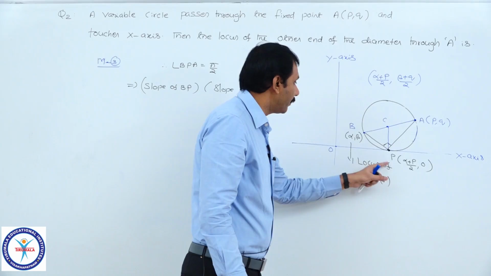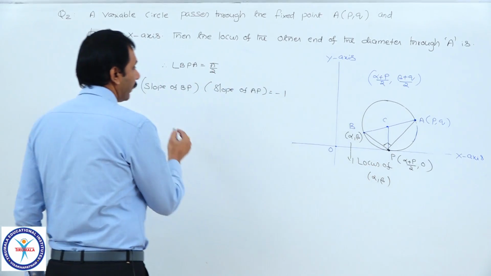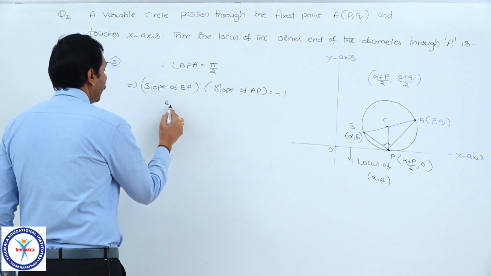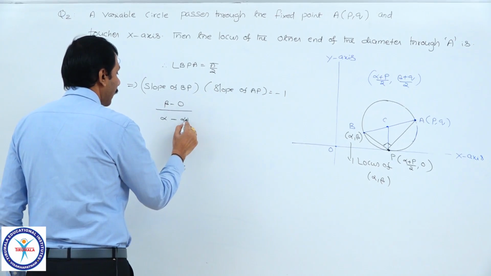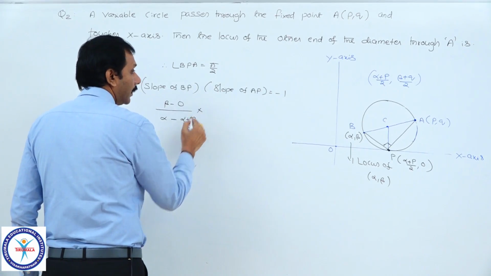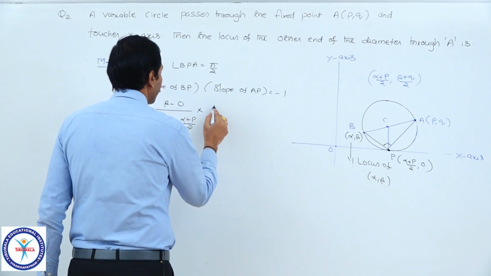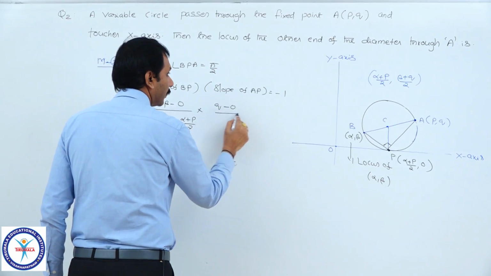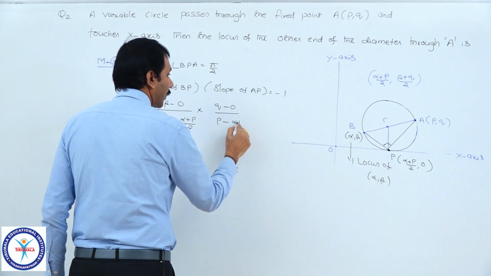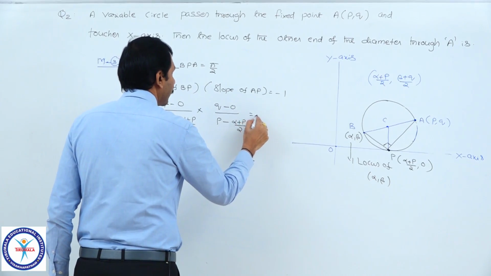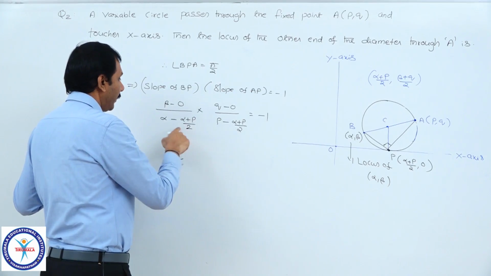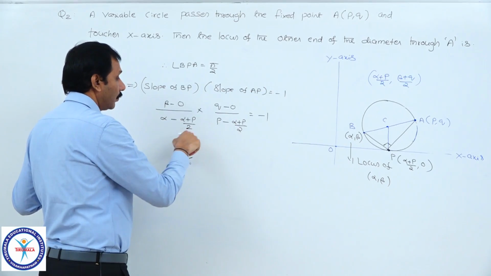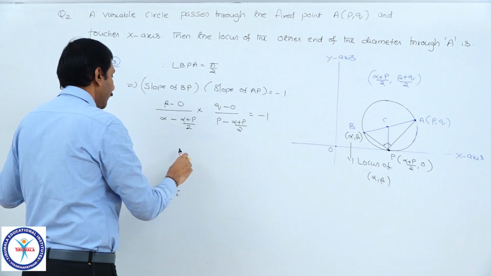What is the slope of BP? Difference of y coordinates by difference of x coordinates, (beta minus 0) by (alpha minus (alpha plus p by 2)), into slope of AP, (q minus 0) by (p minus (alpha plus p by 2)), is equal to minus 1. Here the LCM is 2 into 2, which is 4, that comes to the numerator.